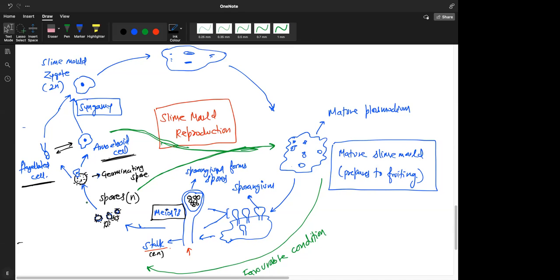Slime mold contains more than 700 different species, so it's not like all slime molds behave the same. But you have to know that the one we are studying, and which is very important, is myxomycetes. One example is myxomycetes, that is asked. Just remember this one.